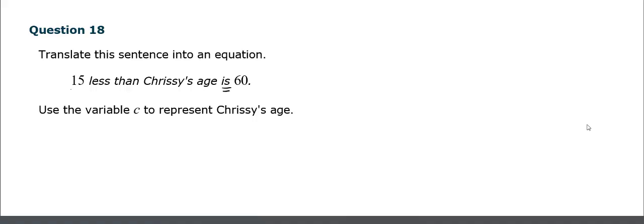It says 15 less than Chrissy's age. So if Chrissy's age is C, 15 less than that would be minus 15. So it'd be C minus 15 equals 60.